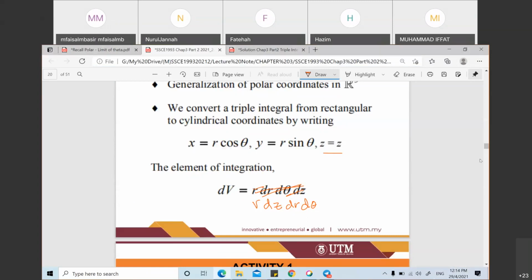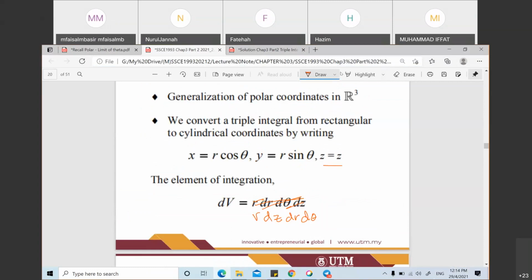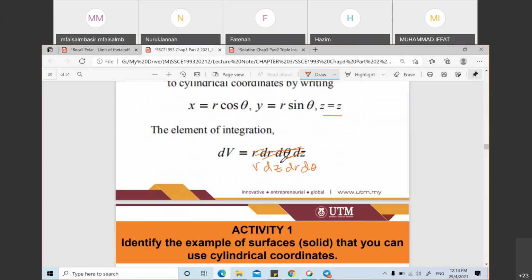Okay, now we will continue the cylindrical coordinate. So for cylindrical coordinate, x is r cos theta, y equals r sin theta, z equals z, and your dV will be r dz dr d theta. Fixed, no change. So your z is function of r, theta, your r is function of theta, your theta is the constant.